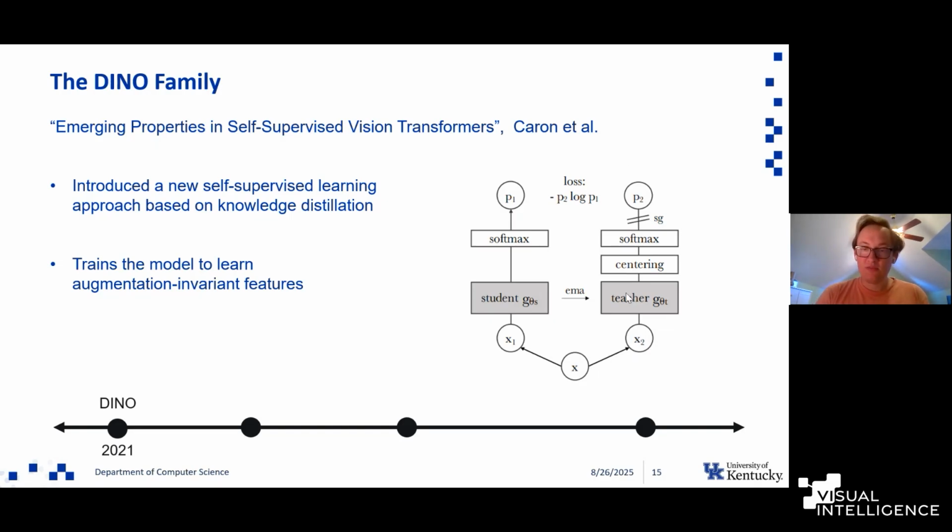So the outputs from these networks will be invariant to the augmentation. And so the network will learn semantic features rather than stylistic or image-specific features like the orientation or the noise. There's probably dozens of loss functions like this these days, and this knowledge distillation is just one way to do it.